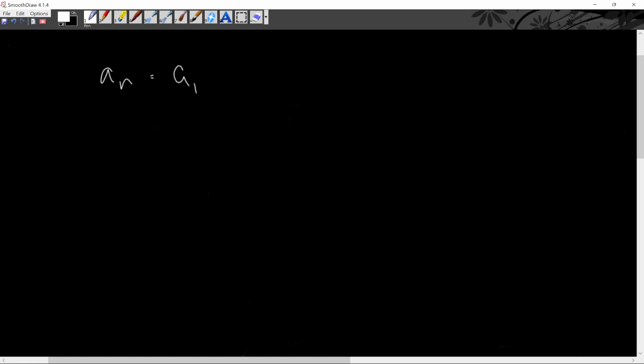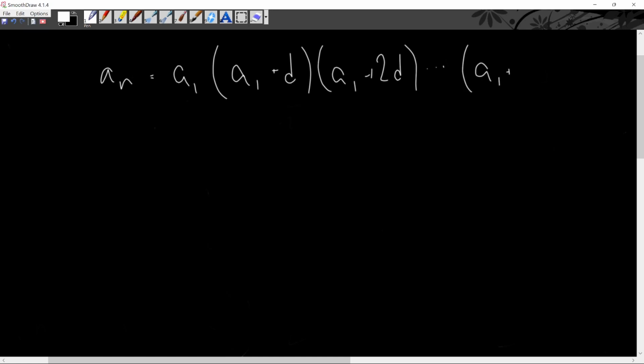If we were to find the product of every single term, so a sub 1 times a sub 1 plus d times a1 plus 2d up to a1 plus n minus 1 d, well, this is actually the last one because you multiply it up to this value. We can call this a gamma function and do the correct notation for this.